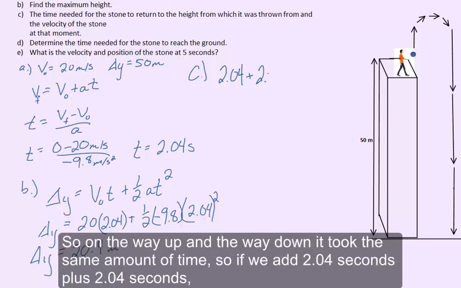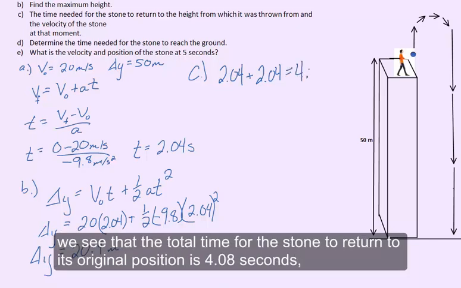So on the way up and the way down, it took the same amount of time. If we add 2.04 seconds plus 2.04 seconds, we see that the total time for the stone to return to its original position is 4.08 seconds.